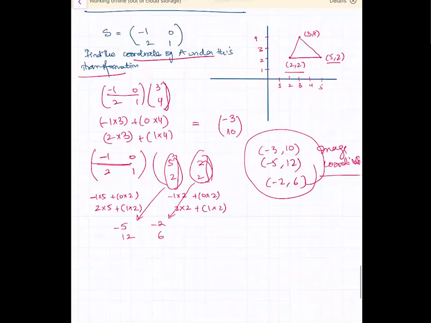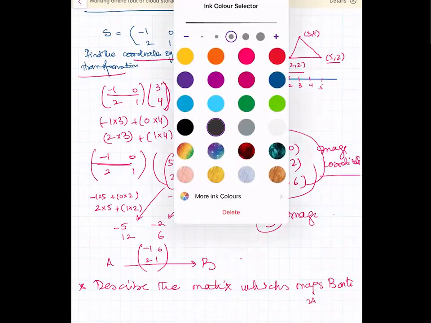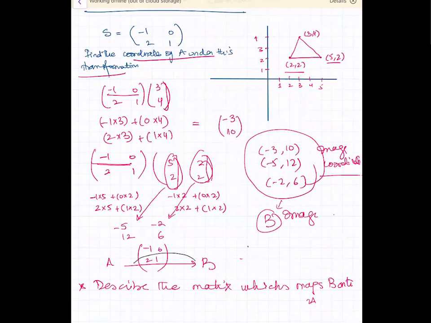Now the next question is going to be this. Let's say under this transformation, this is image B. So A onto B is the minus 1, 0, 2, 1 matrix. Describe the matrix which maps B onto A. So you have to go backwards. You have to go from B to A now.